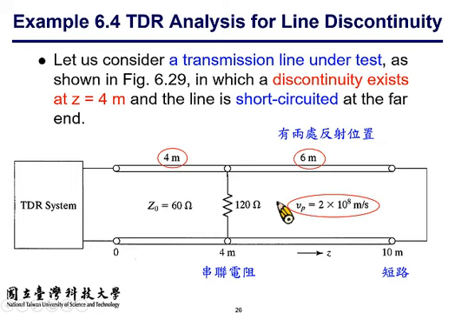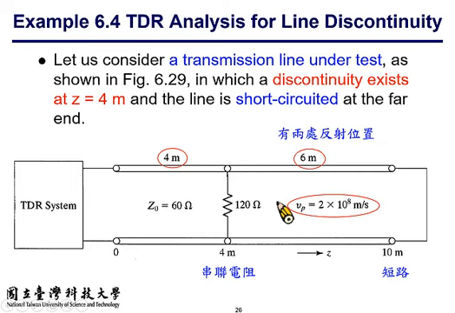Well, this can be calculated because the velocity is 2 times 10 to the 8th. So every 1 nanosecond, the propagation distance on the line is 20 centimeter. So for 10 meter, it shall take 50 nanoseconds for the signal to propagate from the left to the right and get reflected at the shorted end.